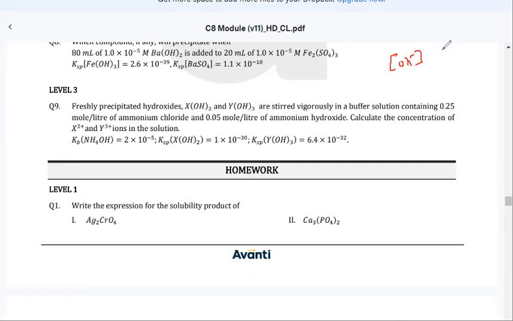Tell me, yes or no. And what is the concentration of OH minus? It is basically Kb into the concentration of base by salt. Here the base is what? Tell me, ammonium hydroxide. Ammonium hydroxide.